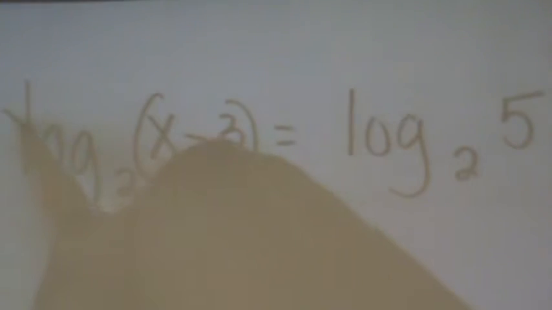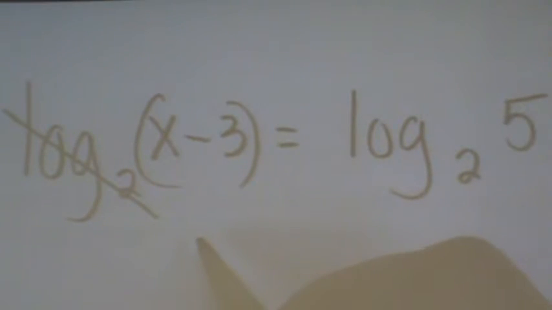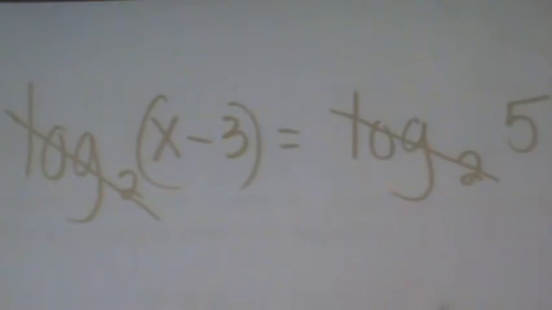Just like you did with the exponential ones, you can cross those out one to one. So you would have x minus 3 equals 5, and then add 3, you get 8, okay?